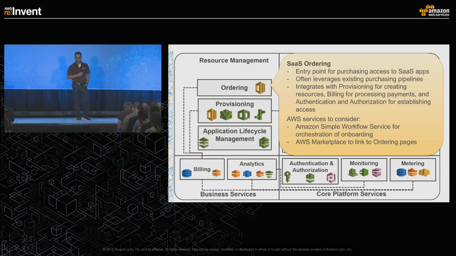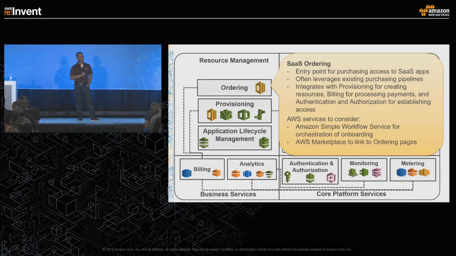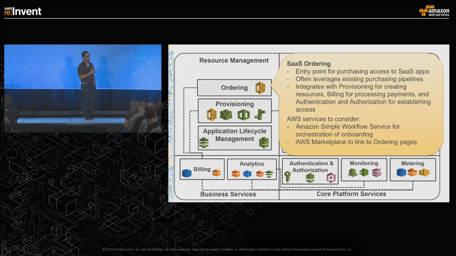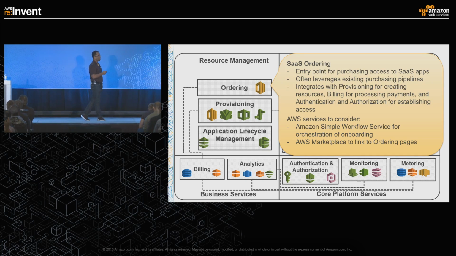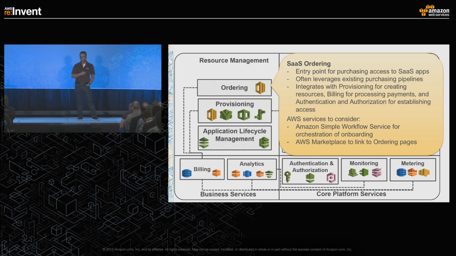So let's dive into the top left, which is resource management and the ordering components. With ordering, this is the entry point to your application, and how your customers reach your ordering pipeline will depend on things like your existing marketing efforts. You may have a page on the AWS Marketplace that will redirect a customer to your ordering page, and it will integrate with billing, analytics, authentication, and authorization components within this architecture.